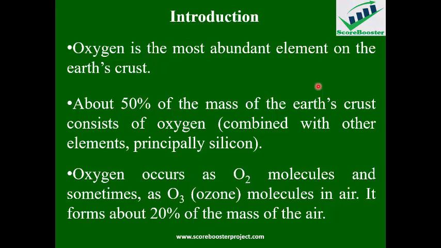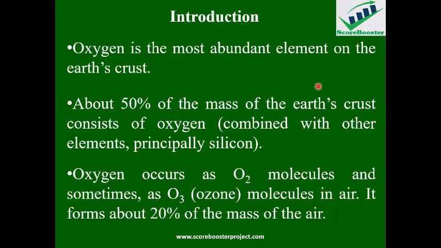And apart from being a constituent of air, in the earth crust there are many compounds that combine with oxygen. It makes oxygen the most abundant element on the earth crust. Even 50% of the mass of the earth crust consists of oxygen.